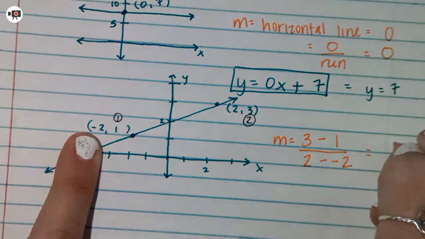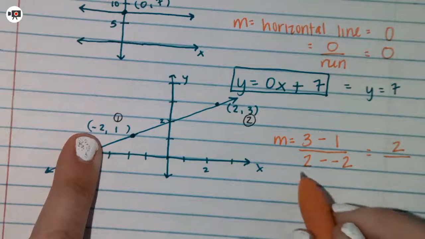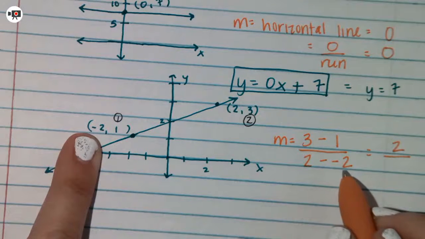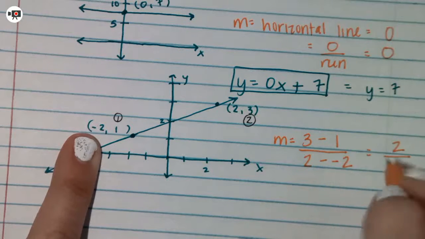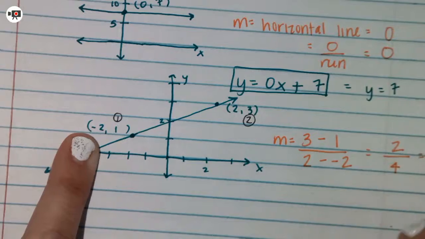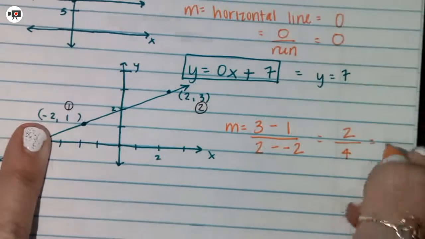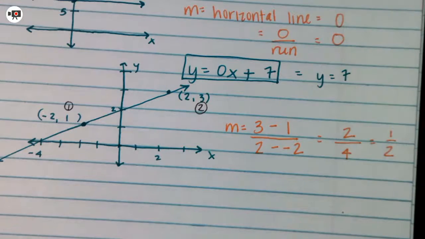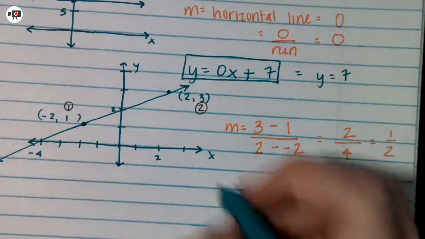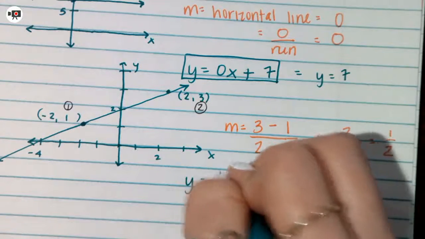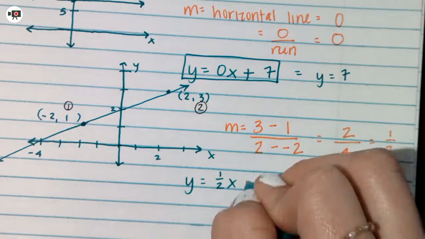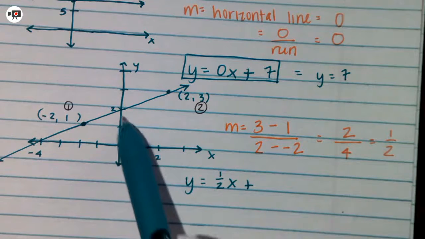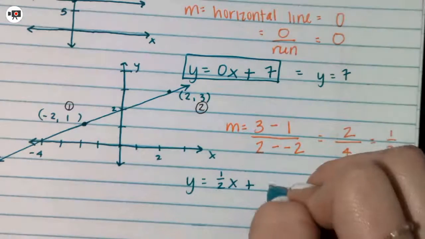So I have 3 minus 1, which is 2. 2 minus a negative 2 is 2 plus 2, which is 4. This can be reduced to 1/2. So my slope is 1/2. So my equation would be y equals 1/2 x plus, and it crosses at y equals 2.